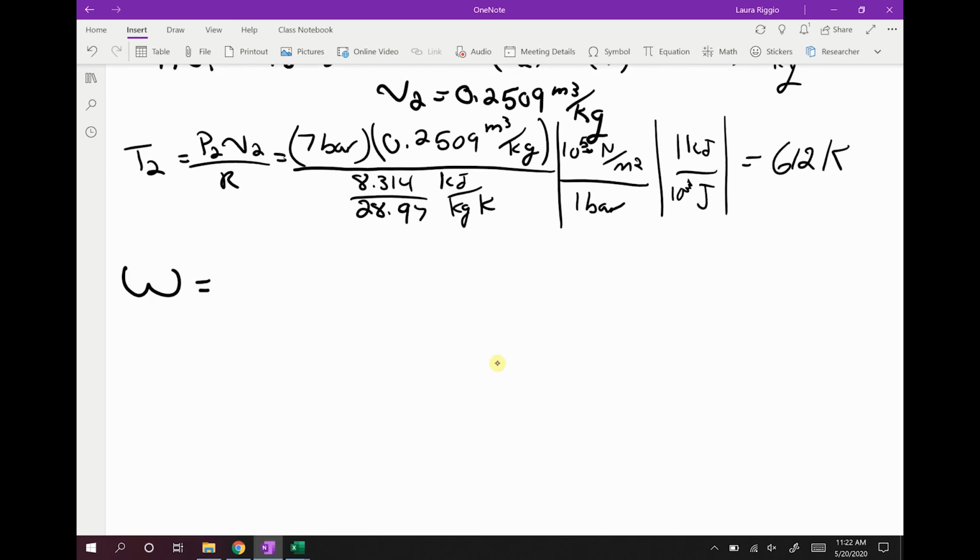So our work is equal to P2 V2 minus P1 V1 divided by 1 minus n.